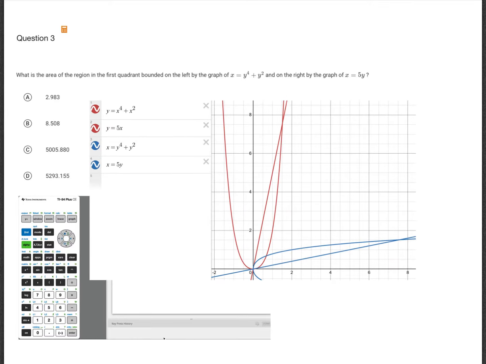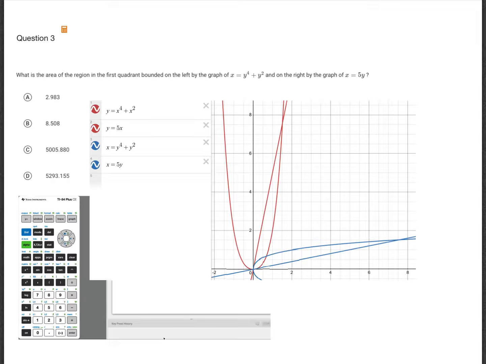Okay, so notice the blue are the exact graphs that they give. And they want the area in the first quadrant bounded on the left by this curve, and on the right by the line x equals 5y. So they want this area here.